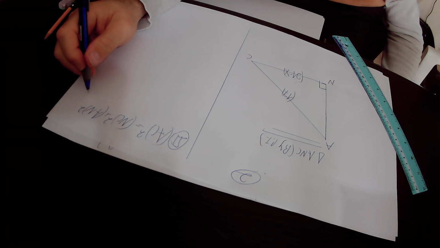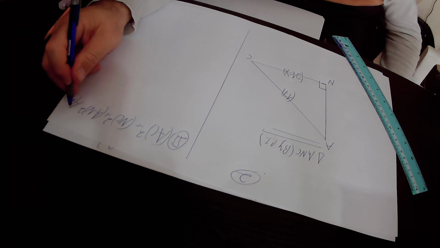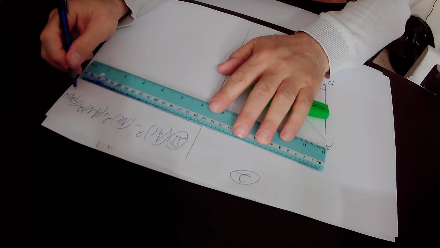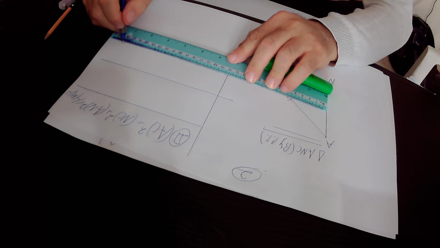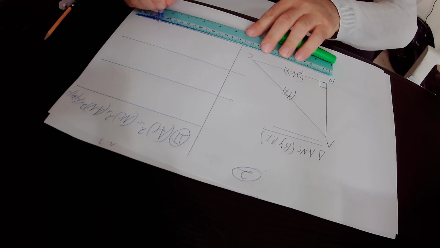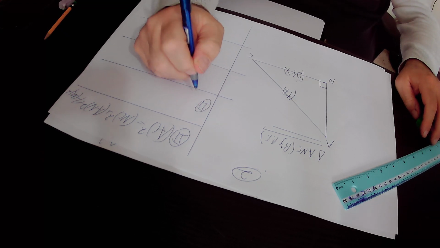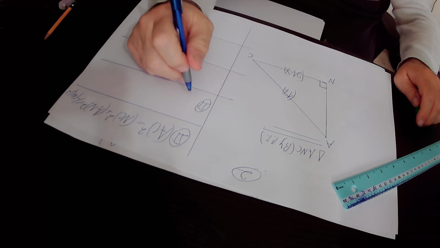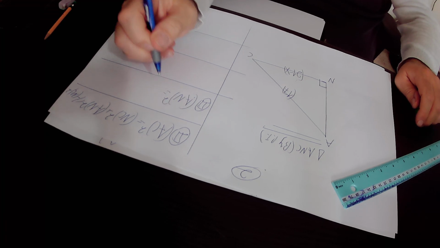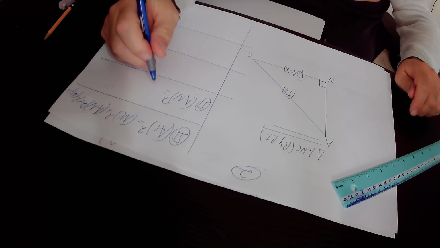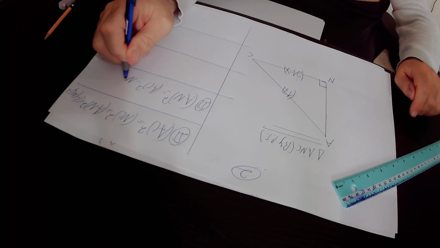Here we subtract NC squared from this equation 2, and we get that according to equation 2, AN squared equals AC squared minus NC squared.